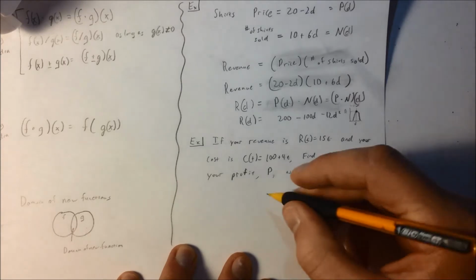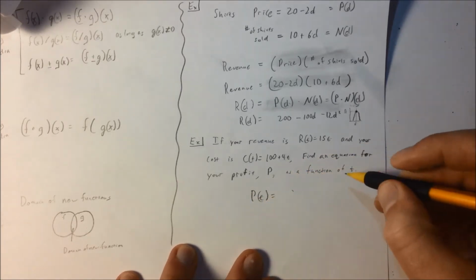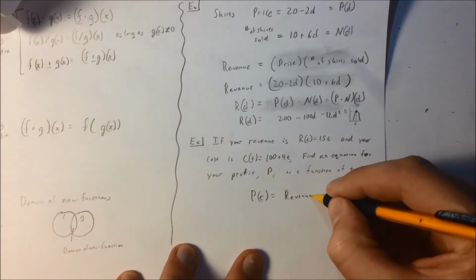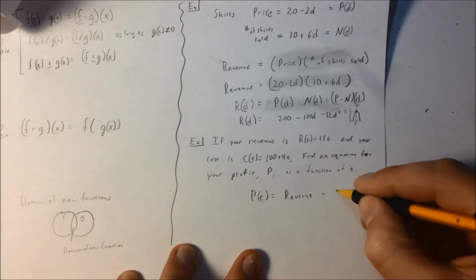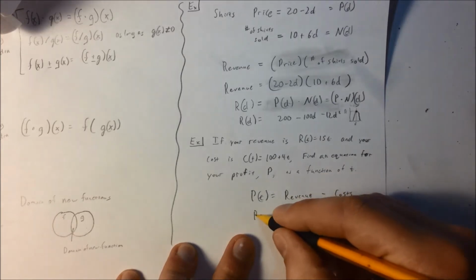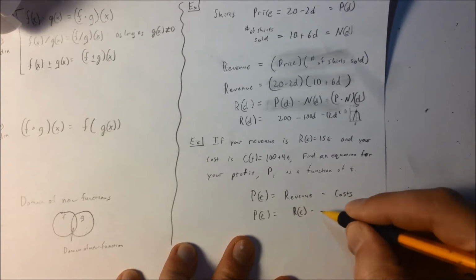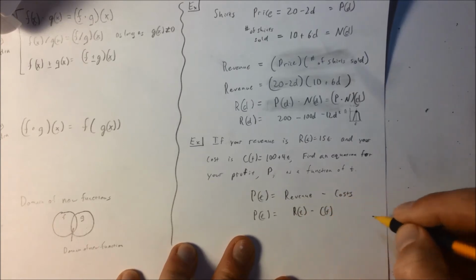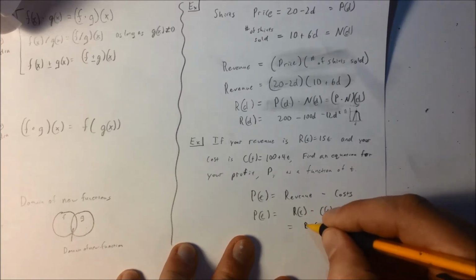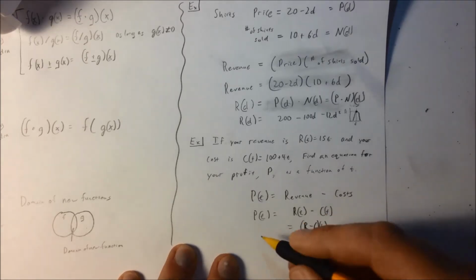So if you want to find your profit, P as a function of T, we would take our revenue minus our costs. And so P of T is going to be equal to R of T minus C of T. Or we can rewrite that as R minus C of T. It's the same thing, really.